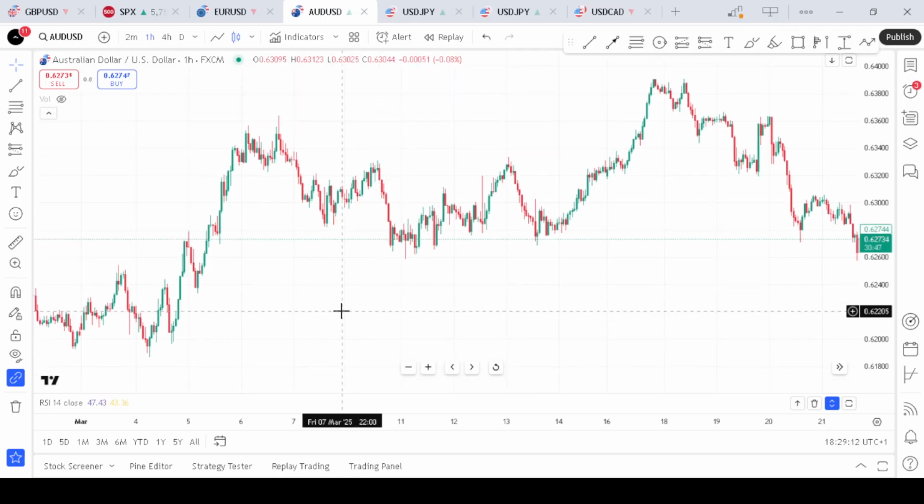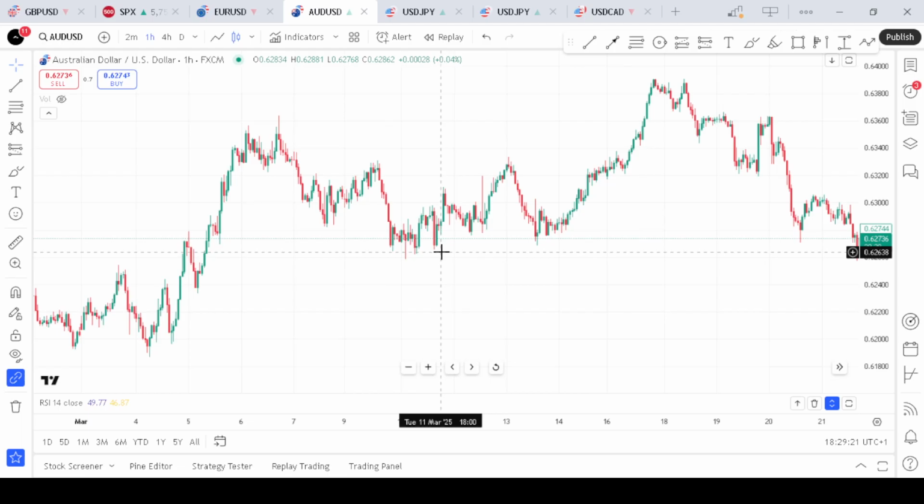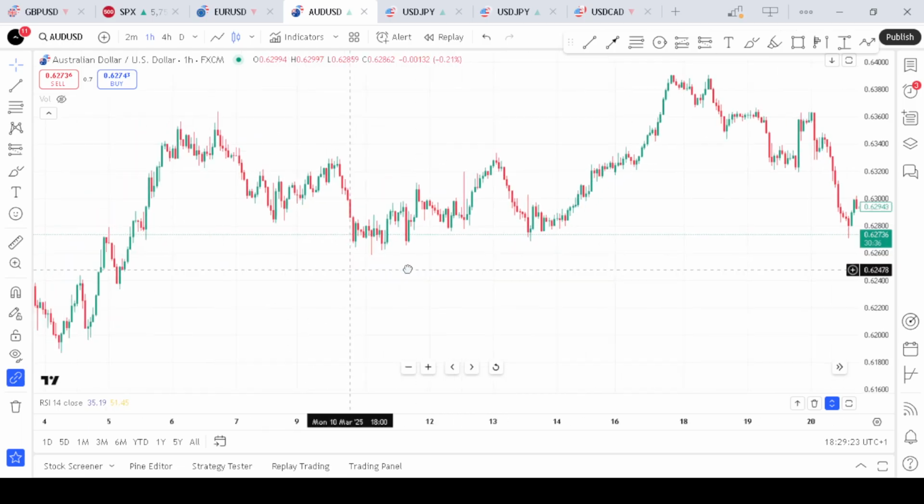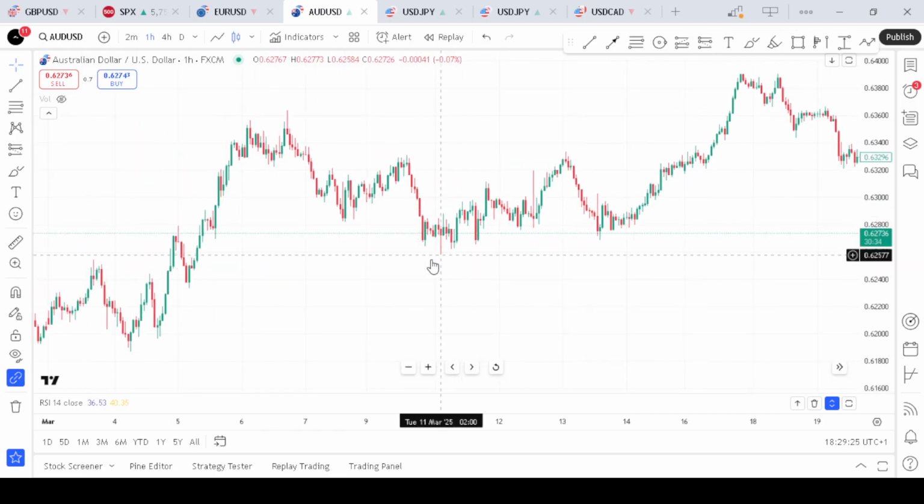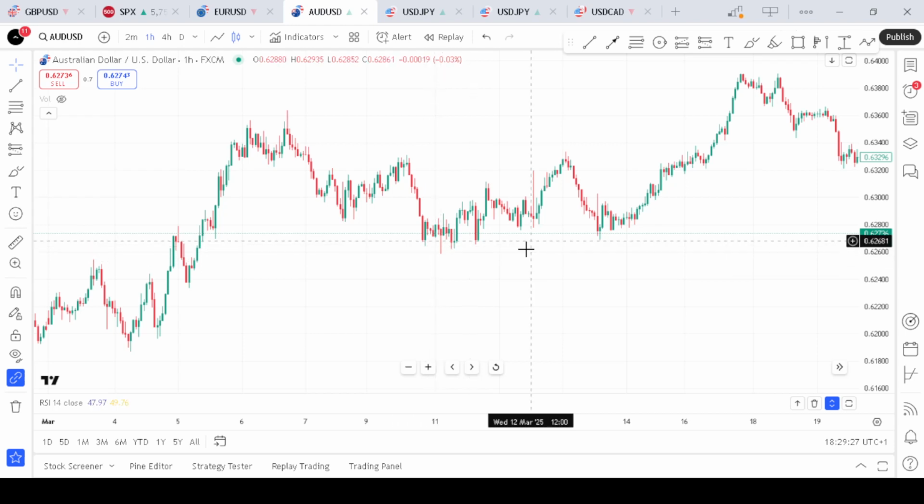Now, what is the Wick Fill Trading Strategy? This is a technique used to analyze market movement by focusing on candlestick patterns. It involves identifying wicks, which are thin lines extending from the bottom or the top of a candle, and observing when the price moves back into the range of the wicks.